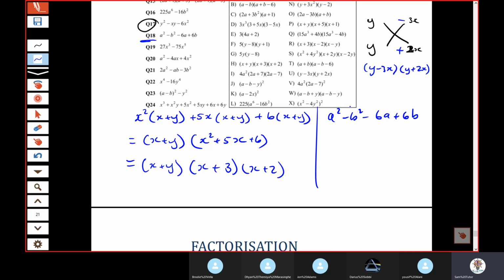Non-monic. Keep going. Isn't that all 4 of them? No, there's one more thing that you're missing. Is it difference of 2 squares? Yes.